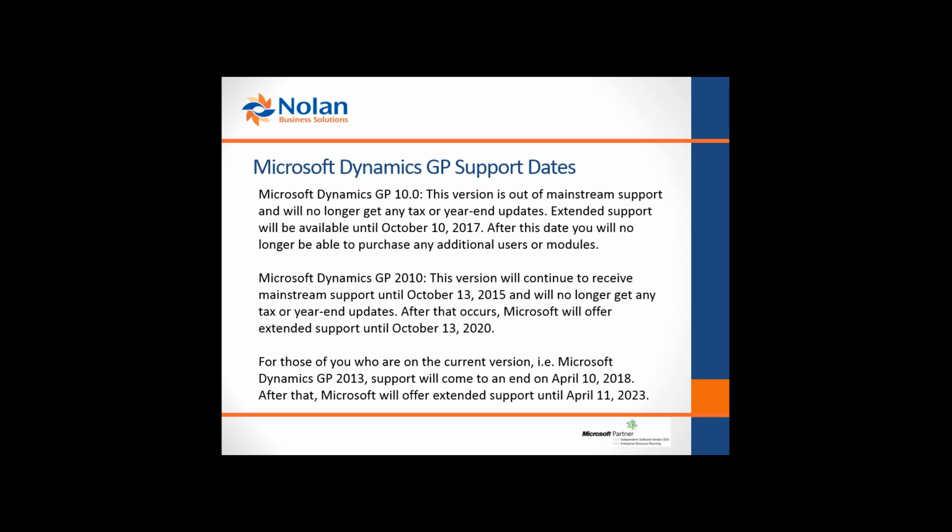Microsoft won't let you do anything unless you upgrade. With GP 2010, this version is in mainstream support until next month, October the 13th, and then after that, again, you won't get any updates. And then for 2013, you've got Microsoft support until 2018.